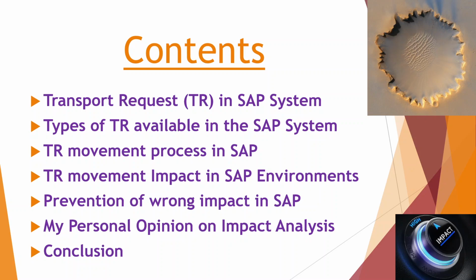Then we will also see the TR movement impact in the SAP environments, which environment will get impacted the least and which will get impacted the most, and what will be the implications of such impact. Simply meaning the costing of the mistakes. What will be the cost if any mistake or any error happens?